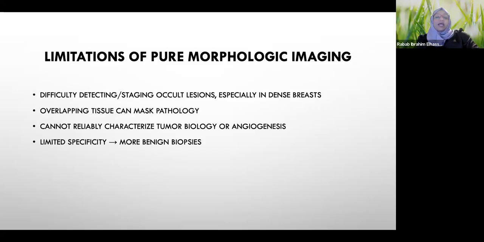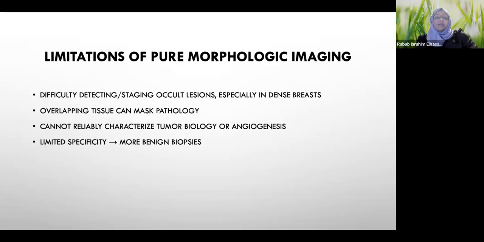Morphologic imaging has its limitations. The major limitation is the detection of lesions in dense breasts. Occult lesions can even present in very fatty breasts, but I think the main drive of vascular imaging would be in the dense breast.